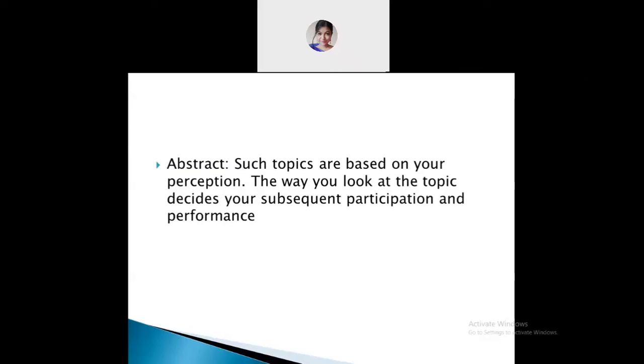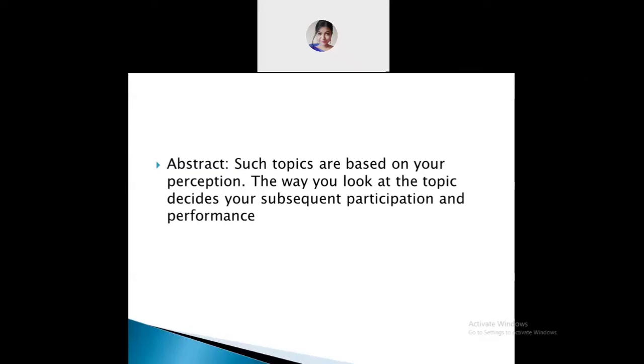Now, how you relate these words, and how you share a story related to the word, totally depends upon how creative you are. If you are a creative person, if you are able to think of new ideas and things, then it will help you to have a discussion on these kind of topics.